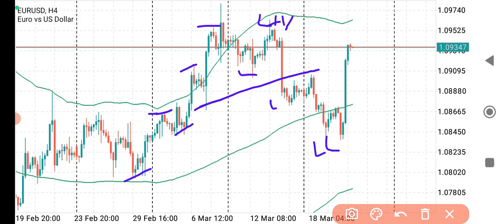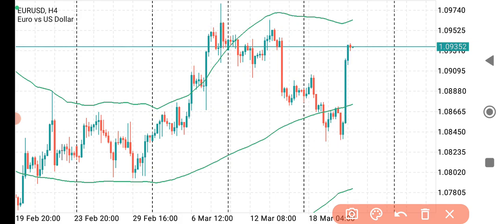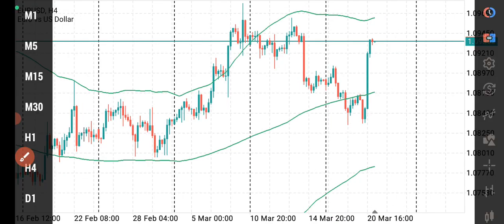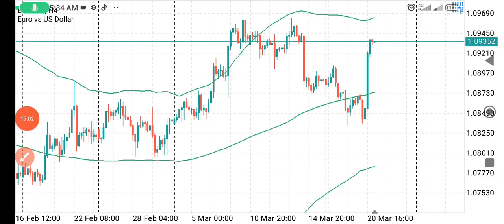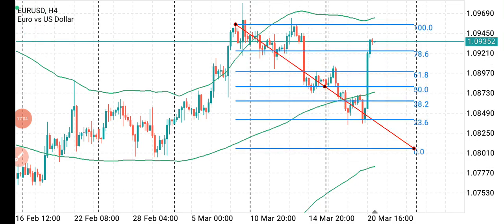Right, so this market has returned up here successfully. And then let's use our Fibonacci to see what is happening.